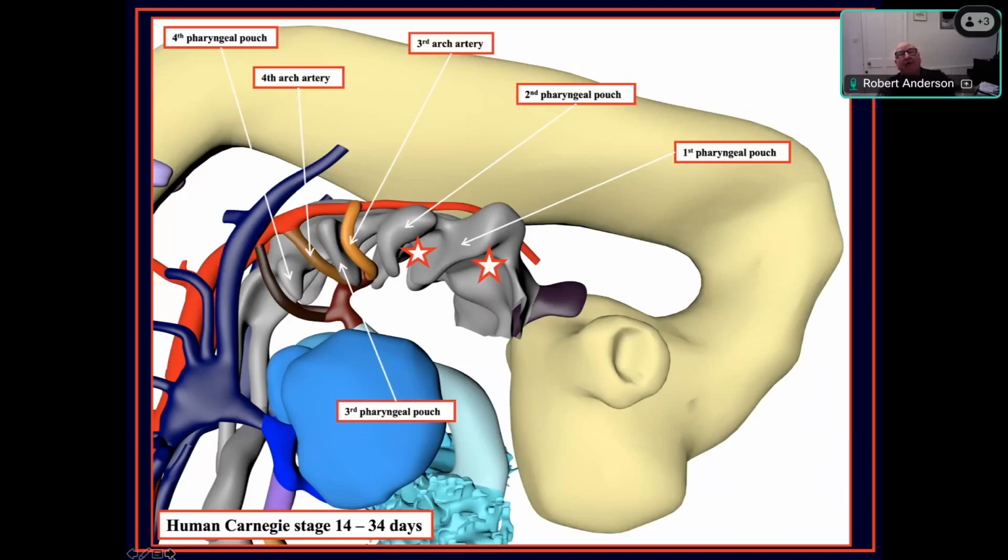But now we have formation of yet another arch artery, but we're never going to get formation of a further pouch. So the ultimate arch artery is the artery that will percolate on both sides through what we can now call the pulmonary arch, because it is that artery from its caudal border that will give rise to the pulmonary arteries.